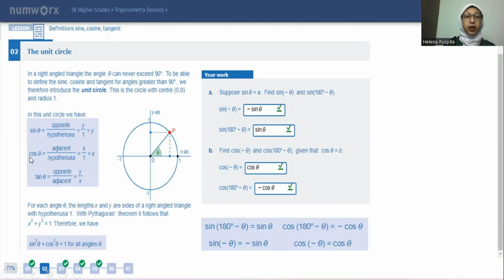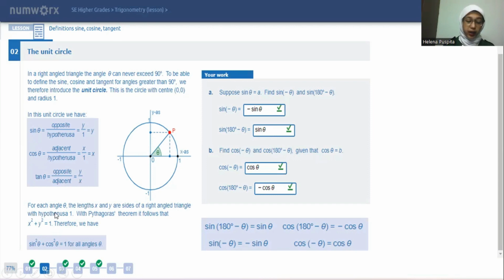Cos theta equals adjacent over hypotenuse equals x over 1 equals x. Tan theta equals opposite over adjacent equals y over x.